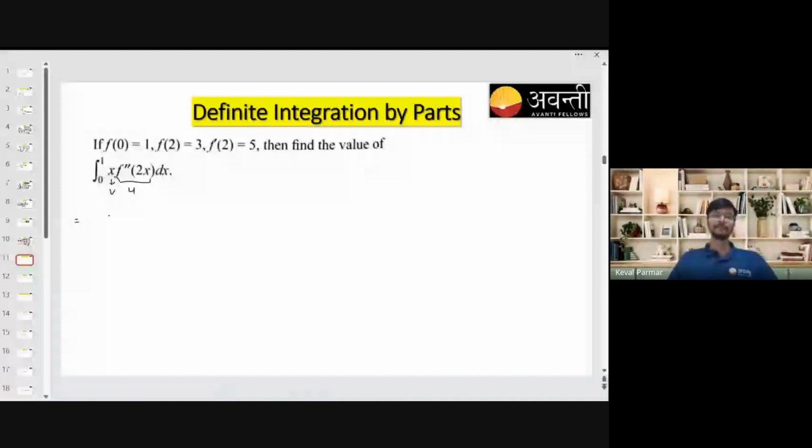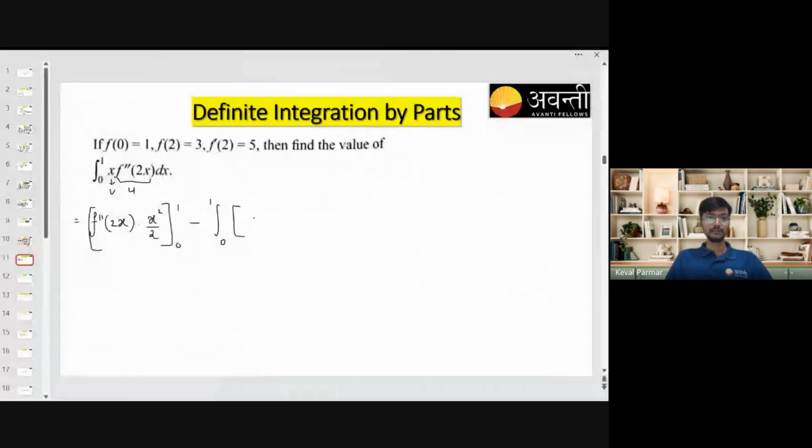U, that means f double dash of 2x into integration of v, which is x square by 2. The limit will be applied all over here, right? I hope you know. Minus, here in the integration sign, the limit will be applied, the outside integration sign.